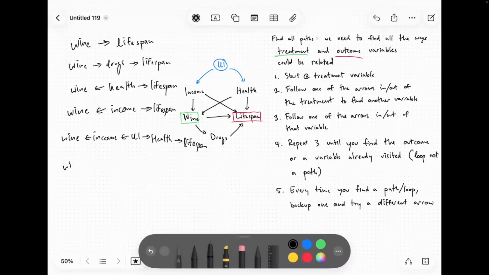So wine, health, U1, income, income to lifespan. Okay, we've got that one. Oh, 6. There's 6, not 7. Sorry. That's all of them.